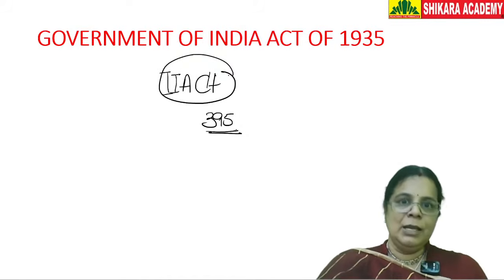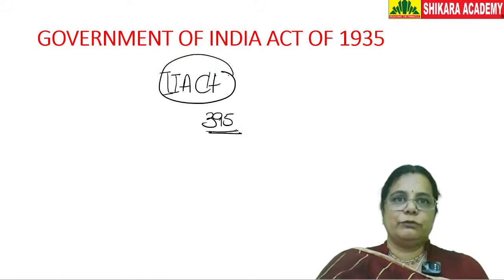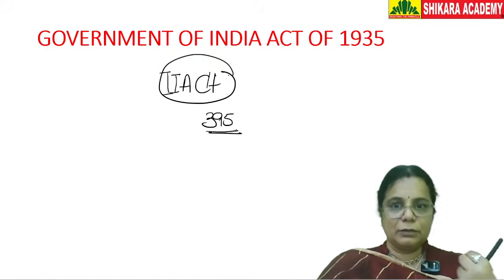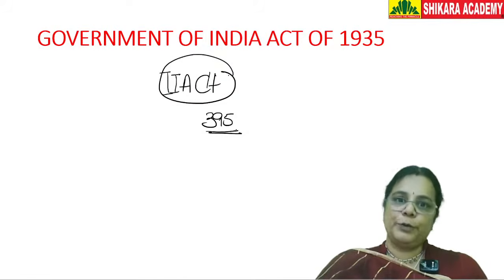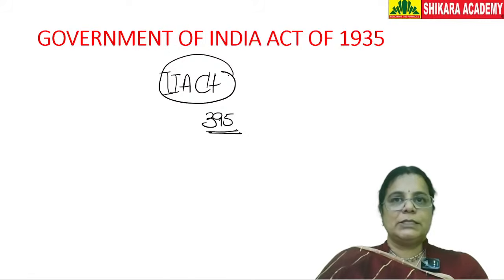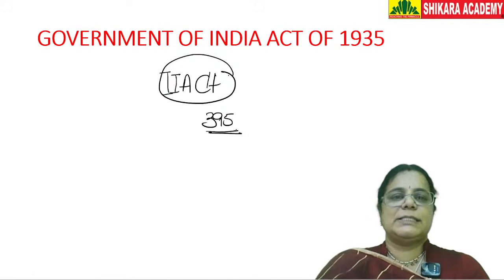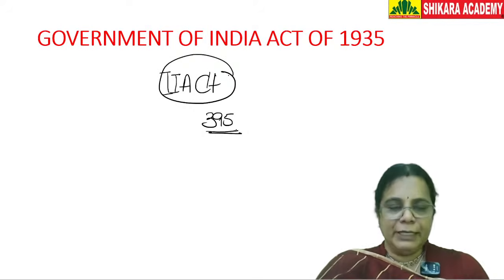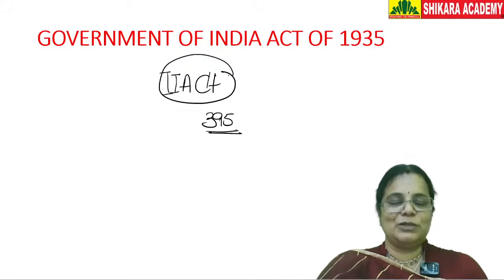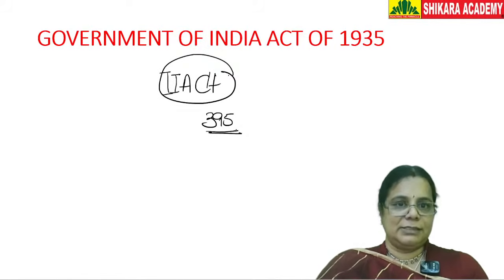In the next session, I'm going to talk about the evolution of the Constitution. When did we get this idea of having a Constitution for India? Who proposed a constituent assembly? How did constituent assembly work? Because constituent assembly contributed significantly to the success of the constitution. I believe, and I'm sure most of you would agree, that Indian constitution is one of the most successful constitutions in the world, given its diversity and vastness.